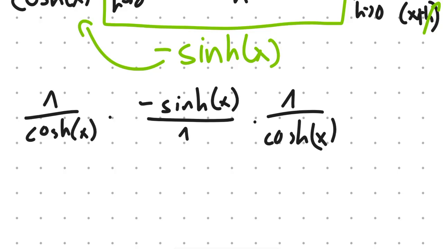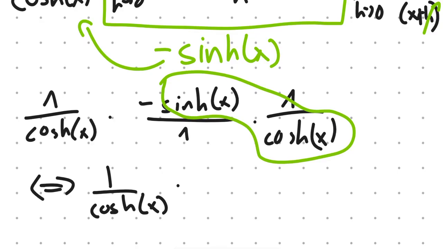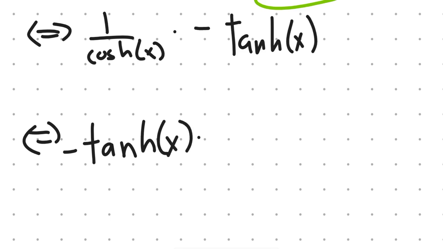Now if we take the sinh and the cosh, sinh over cosh is equal to hyperbolic tangent, so we have 1 over cosh of x times minus hyperbolic tangent of x. And now what is 1 over cosh of x? That is equal to hyperbolic secant of x. So we have minus hyperbolic tangent of x times hyperbolic secant of x.